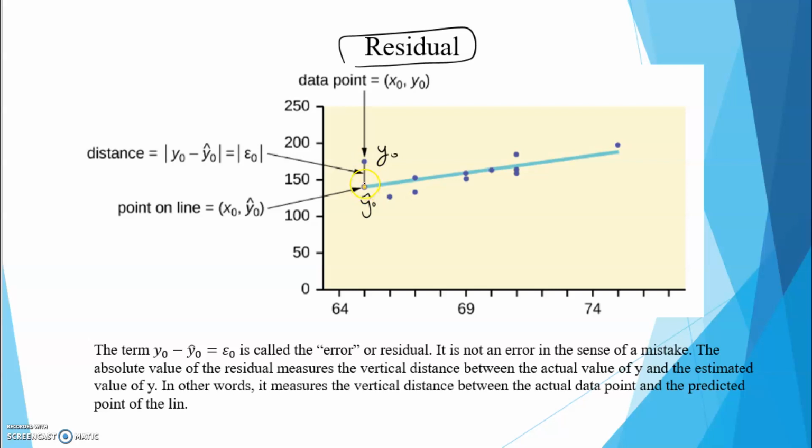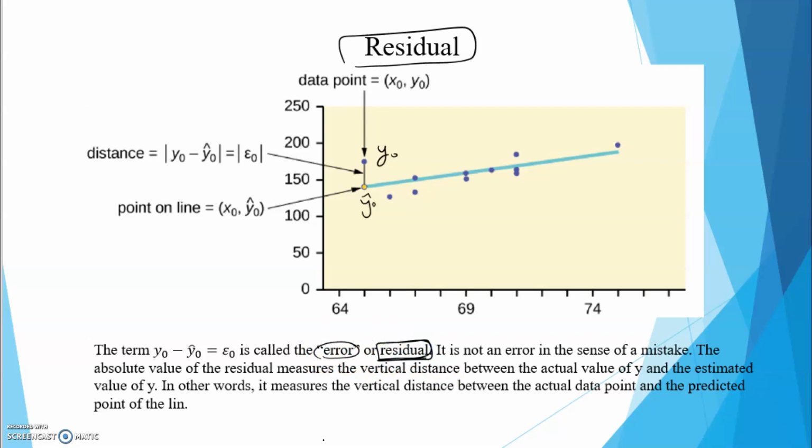So since it's got a little bit of error to it, it has to wear a hat because it's ashamed of its error. Okay, that's how I remember it. So y hat sub 0, this is all the points on the line. Y sub 0, those are your actual data points. The distance between these two, that's what you call the residual. Okay, and you can also call it a residual or an error, but I stick with residual on the test.